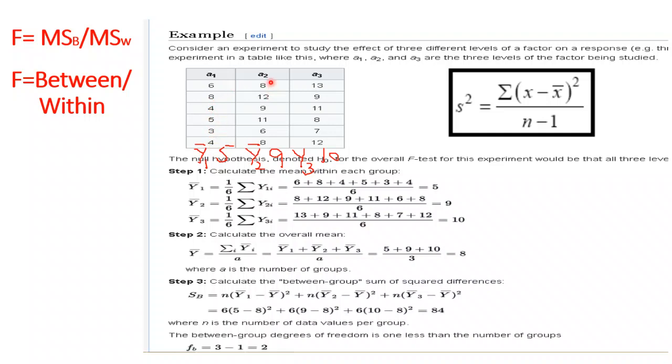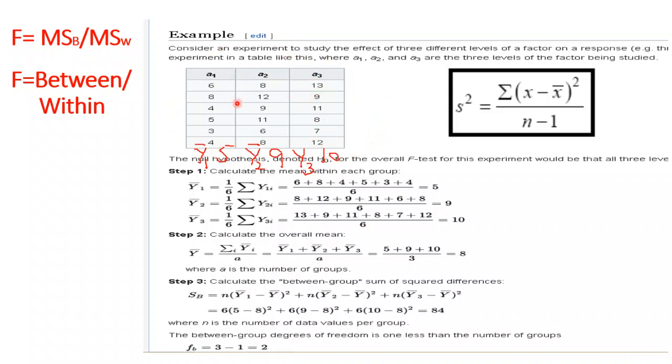In second year, again 6 students were taken, and they scored 8 out of 15, 12, 9, 11, 6 and 8 out of 15. The third year students scored 13 out of 15, 9, 11, 8, 7 and 12 out of 15. So, we take 3 groups, that is more than 2 groups. We can take 4 groups, 5 groups, 6 groups, and so on.